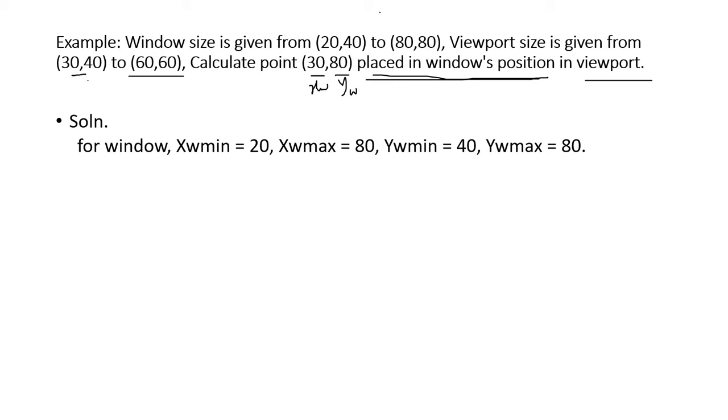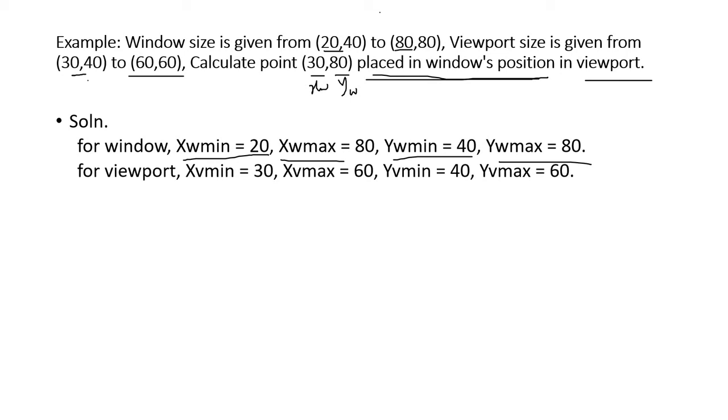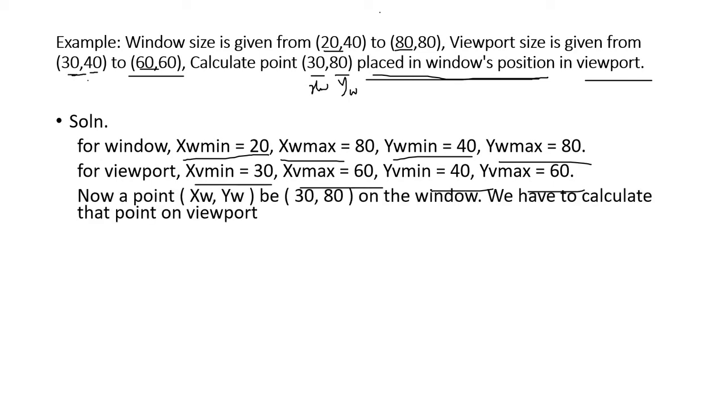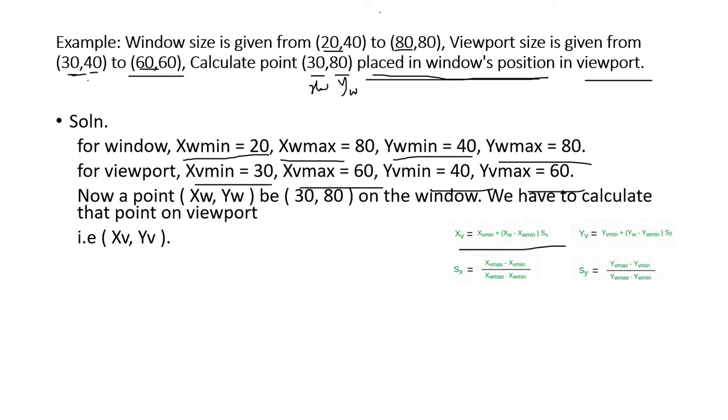For viewport it is 30, 60 and 40, 60, as I have already told you. Now the point is placed at 30, 80, so xw, yw is equal to 30, 80. Now we need to calculate the value of xv, yv using these equations. Okay, so you just put the values in this one and you are going to find out the value of the particular point in the viewport. So let's proceed further and let's see what is going to happen.